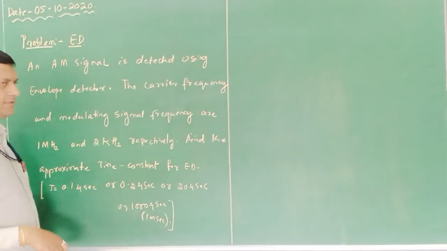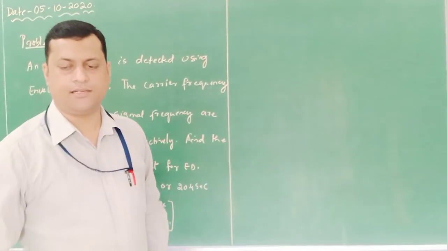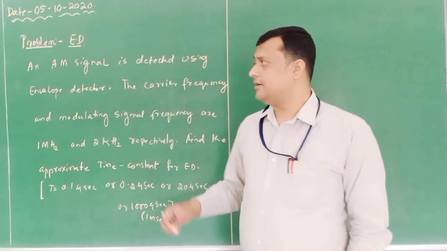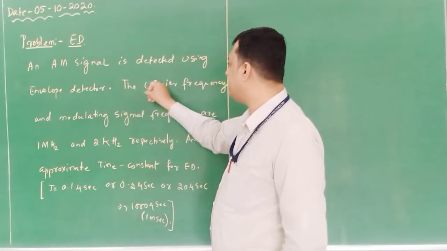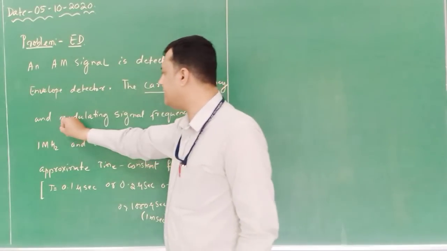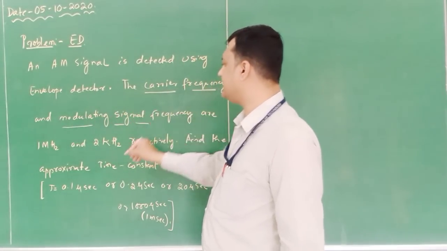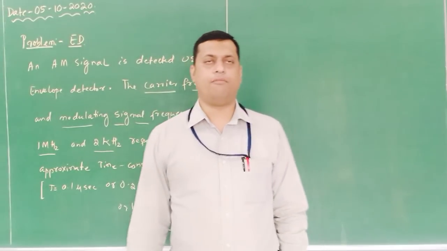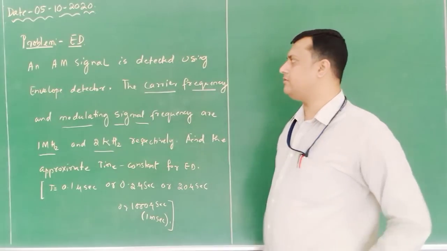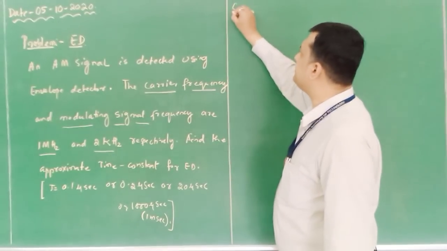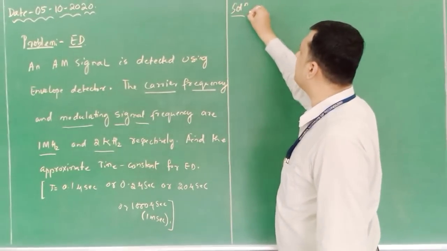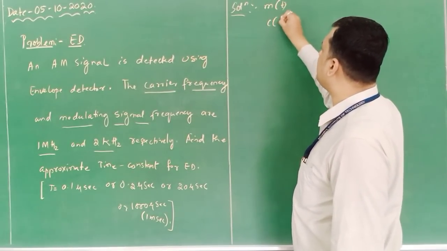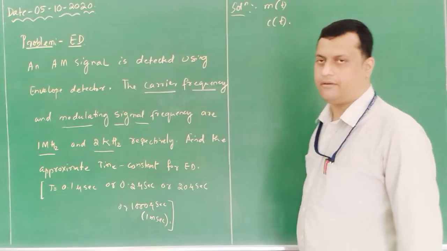Okay, so the hint is given. This question is basically related to the envelope detector, in which the carrier frequency and the modulating signal frequency are given as 1 megahertz and 2 kilohertz. Now for modulation, we require two signals: one is the modulating signal m(t) and one is the carrier signal c(t).